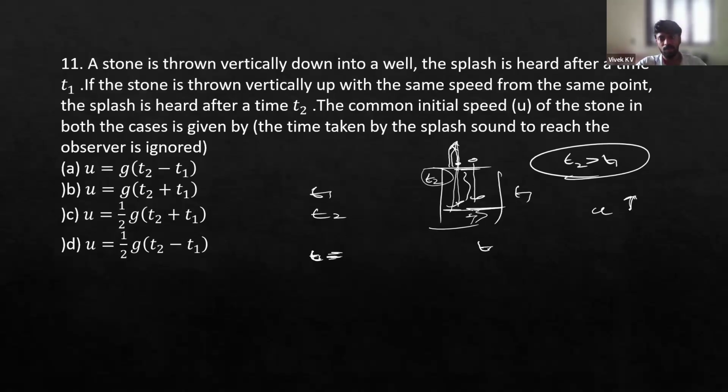If I'm throwing something with a constant speed u, the upward time Tu will be equal to u by g, because it is moving with the velocity u against acceleration due to gravity.